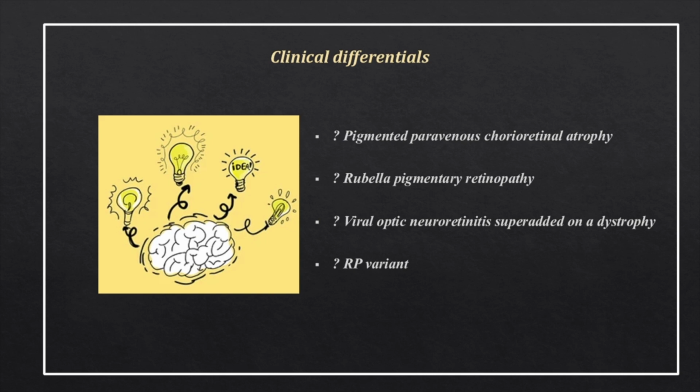Having said that, the autofluorescence did show a rim of hyperautofluorescence, and that we know tells you that a disease is progressive. If it's a dead disease which is non-progressive, you usually don't get a rim of hyperautofluorescence. That is indicative of still a progressive problem.